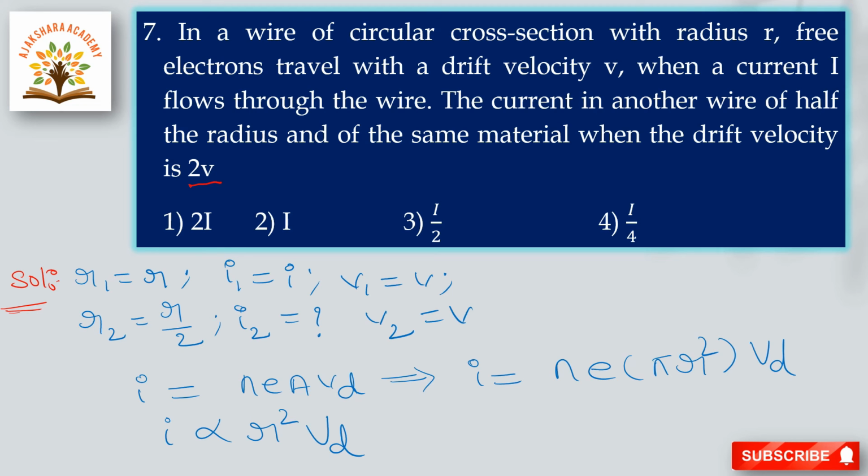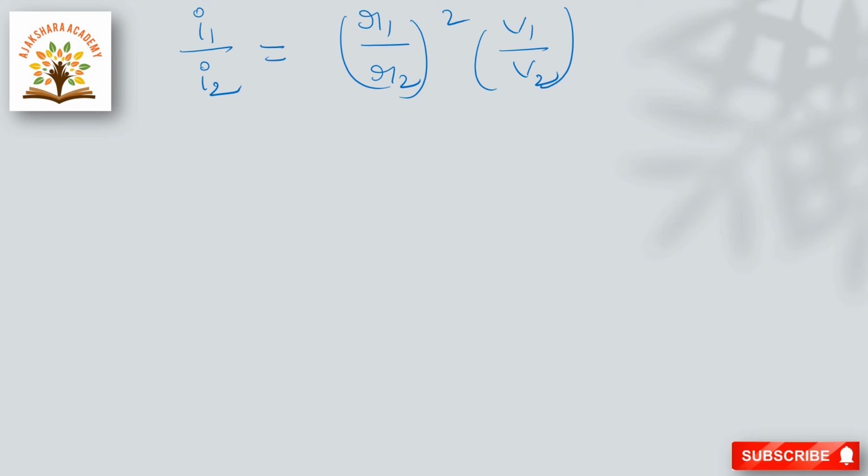So I1 by I2 is equal to R1 by R2 whole square into V1 by V2. Substituting values, R by R by 2 whole square and V by 2V.